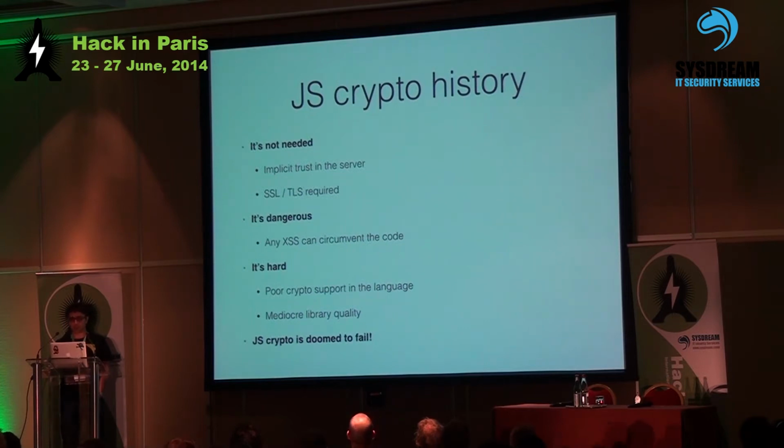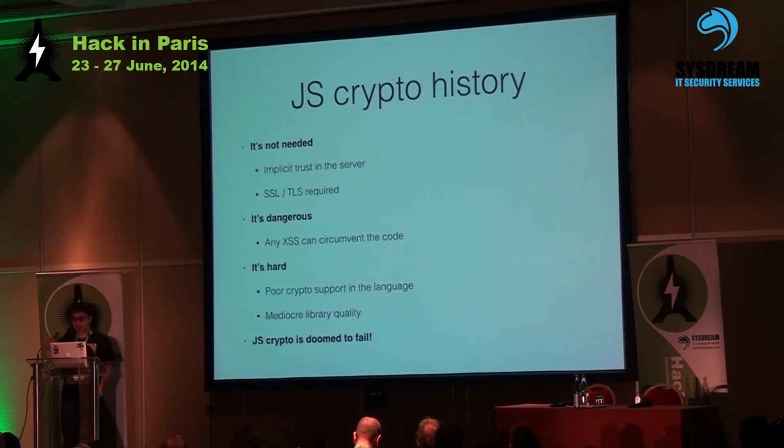The first one is that JavaScript cryptography is not needed, because if you have a web application which is delivered by the server to the client and the computation is done on the client, specifically crypto computation, first you need to have an implicit trust in a server that the JavaScript code that it delivers is not backdoored, right?